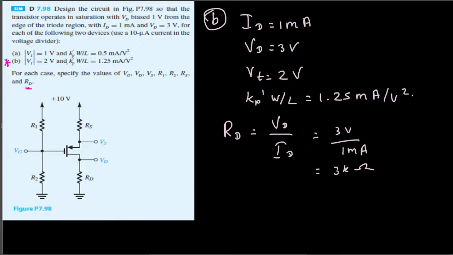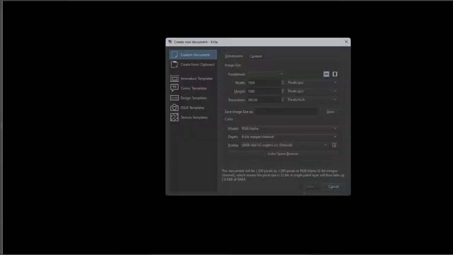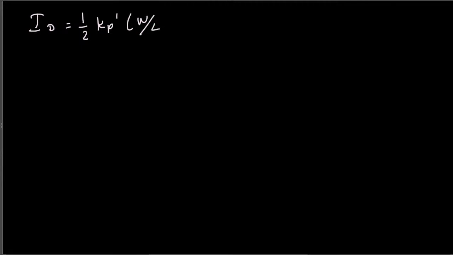The next one we can do is use the saturation current equation. The current equation in saturation mode is given by ID is equal to half Kp prime W over L times (VSG minus V threshold) whole square.